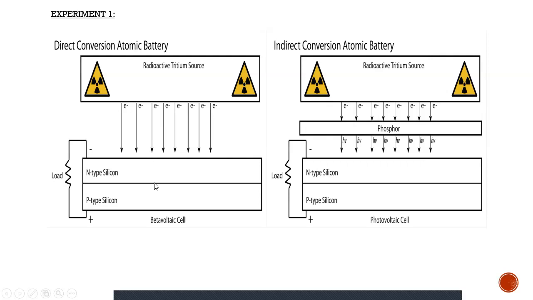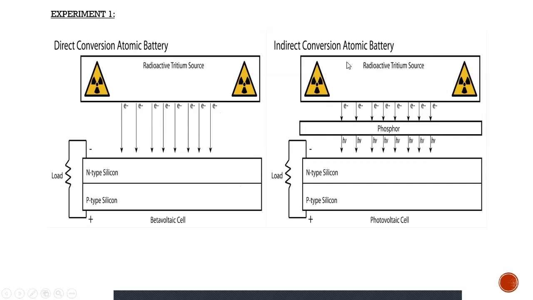We have an NP type betavoltaic cell, so all the electrons are directed towards the N type silicon, and it converts the energy into electricity and runs the load here. So this is a direct conversion atomic battery.